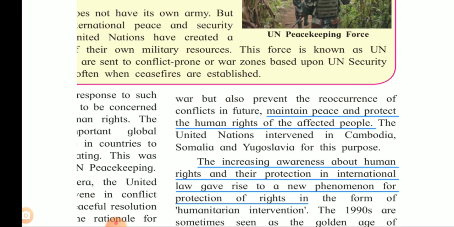India played an important role in repatriation. Spelling: R-E-P-A-T-R-I-A-T-I-O-N.